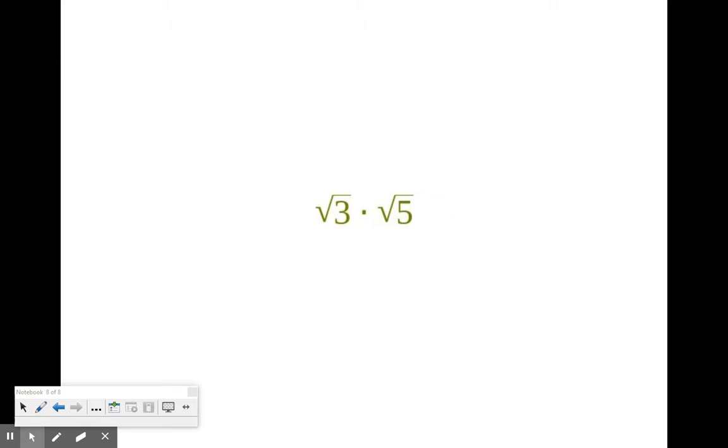We also have some situations where we're going to be multiplying radicals. Here we have the square root of 3 times the square root of 5. When I have the square root of 3 times the square root of 5, that is just going to be the square root of 15. We just multiply the numbers that are underneath and keep the square root over them.